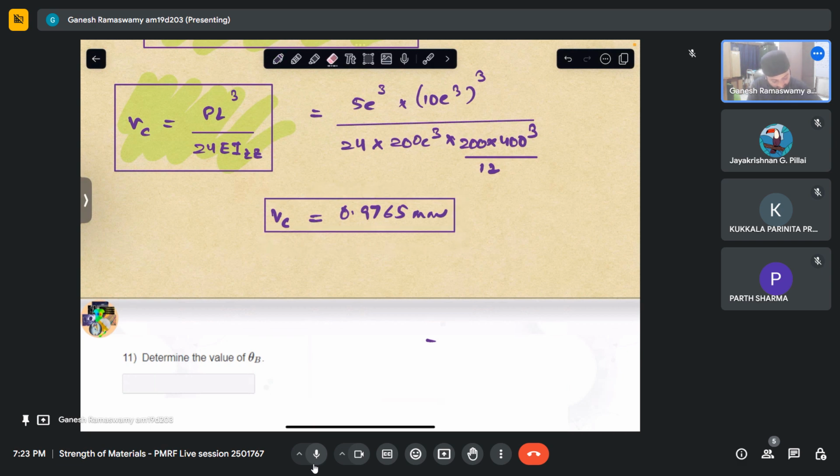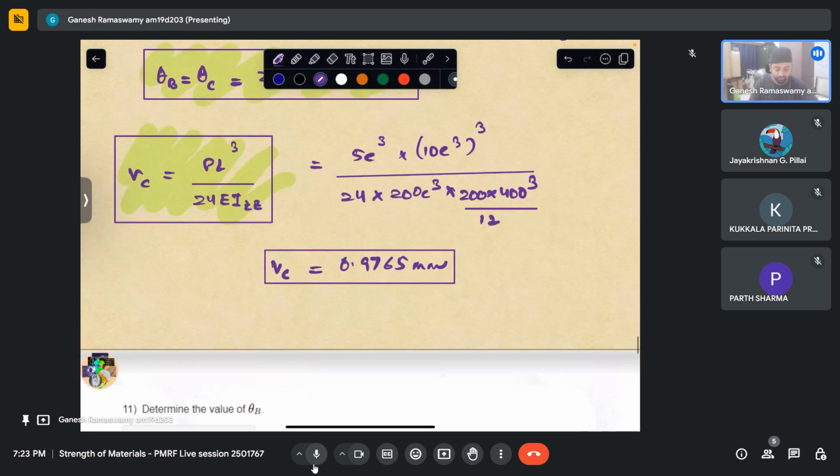That is because you can imagine it is almost 200 by 400 mm of solid steel, which is being subjected to 5 kilonewton, which is very less load compared to the section. So which is why we are having the deflection like that.